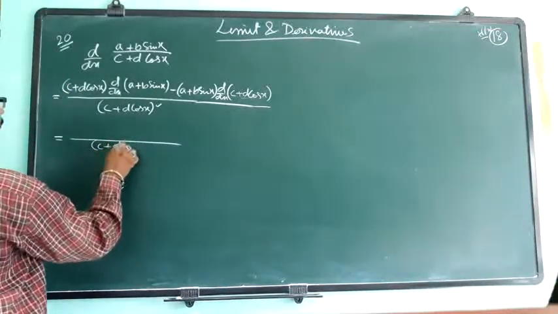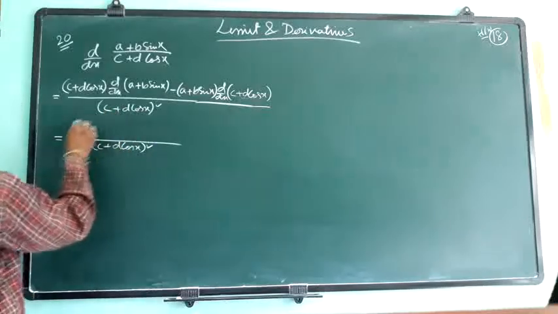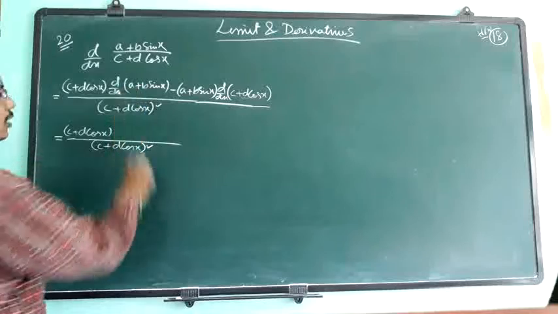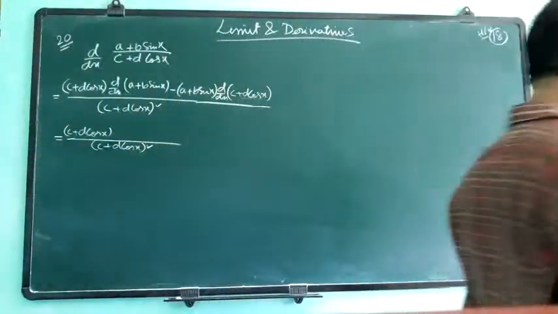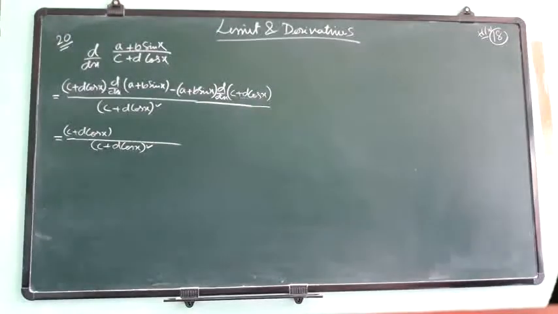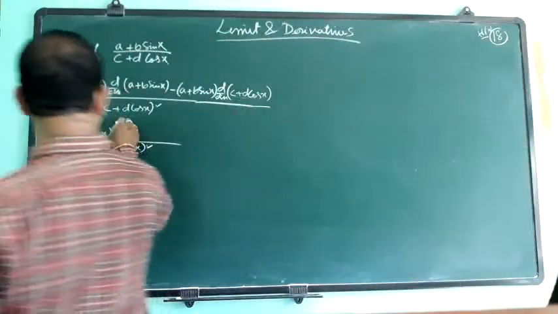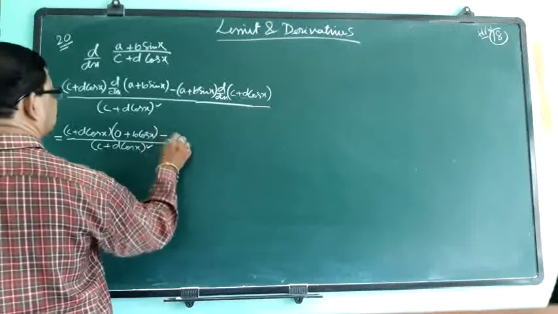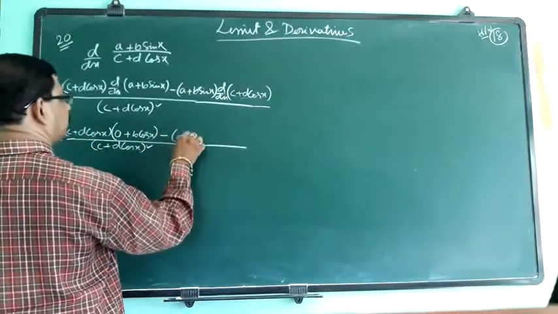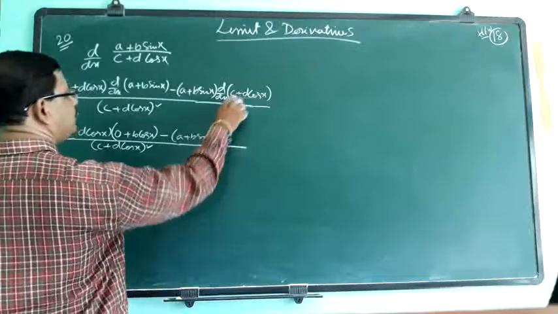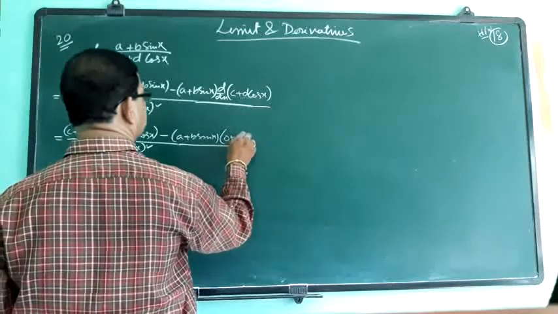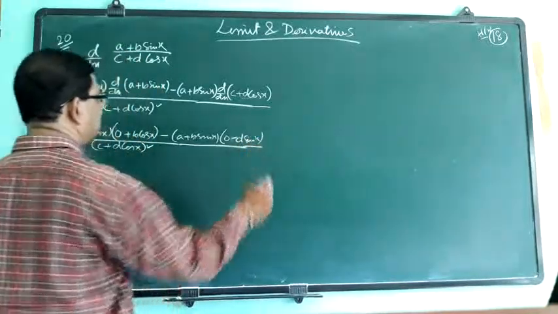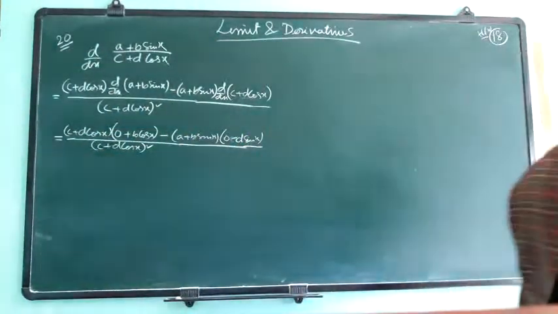So c plus b cos x whole square. Differentiating a gives 0. And if we differentiate sin x, then it will be cos x. Now, if we differentiate c, then again it is 0, and we will get minus d sin x. So this is our rule for doing this one.